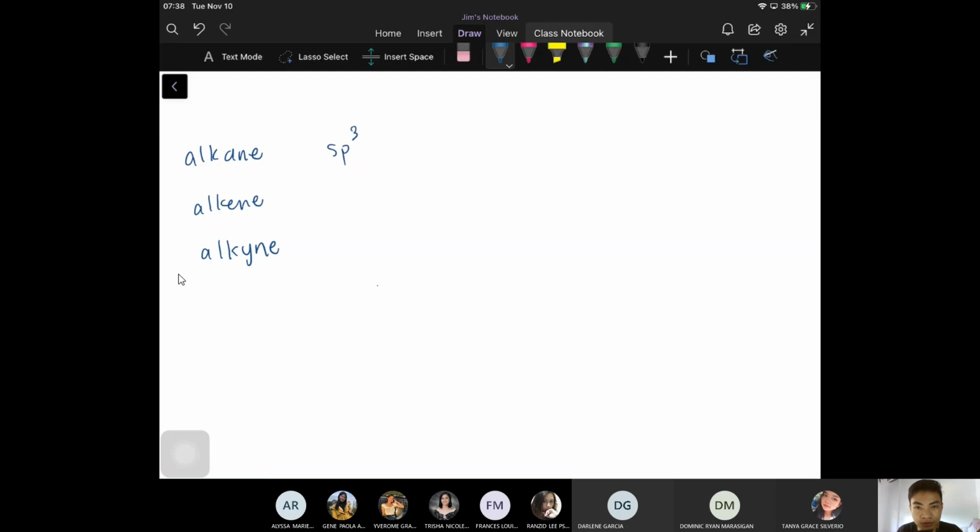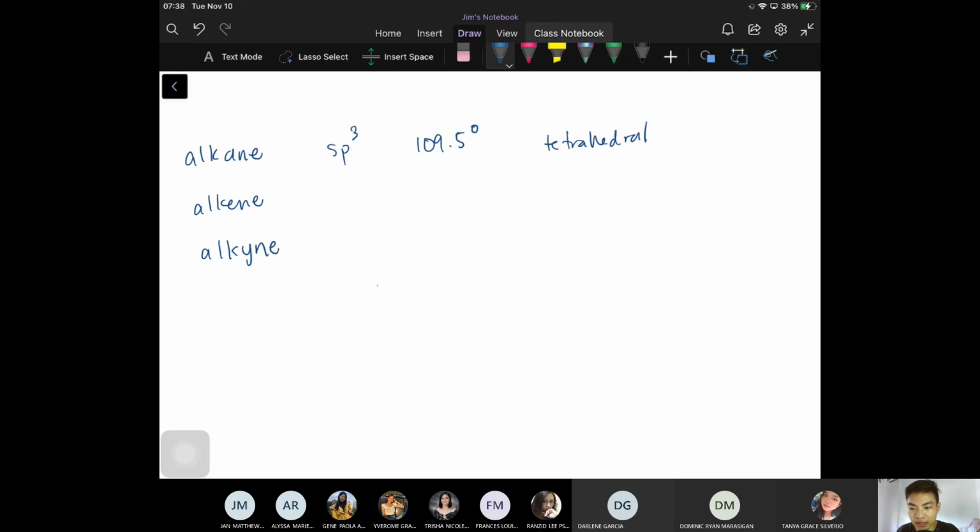And whenever your carbon is sp3 hybridized, ibig sabihin nun, the bond angle for that carbon is around 109.5 degrees. So, yun yung angle of separation of all the bonding groups around your carbon, hence forming the geometry tetrahedral.